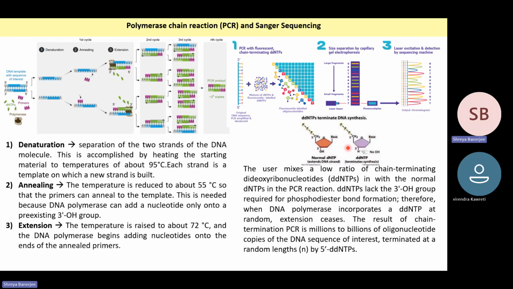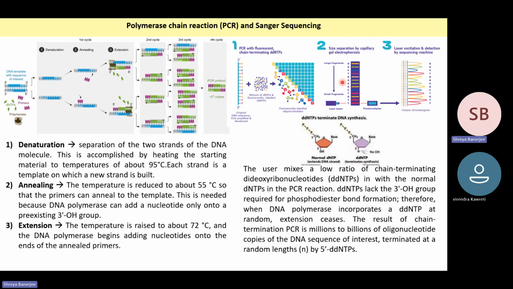Depending on where the ddNTP is introduced, we will get different DNA strands of different lengths. So whenever DNA polymerase is incorporating a ddNTP at random, the chain extension ceases. And so we will have many copies of the DNA of interest terminated at random lengths.